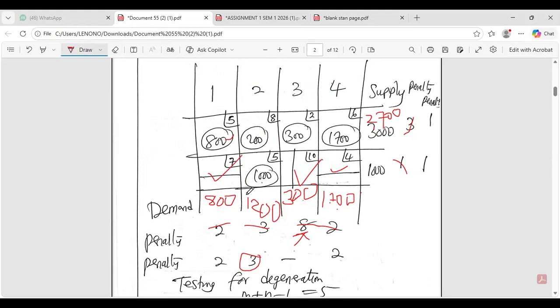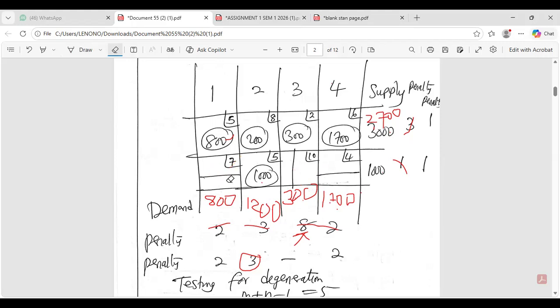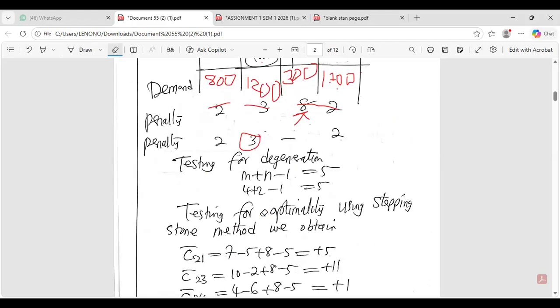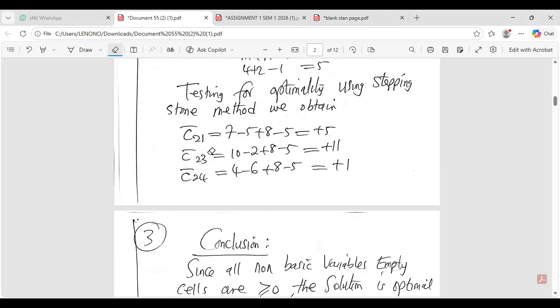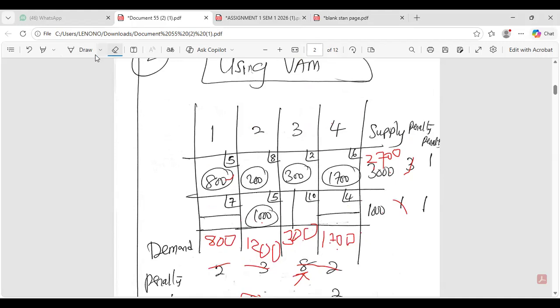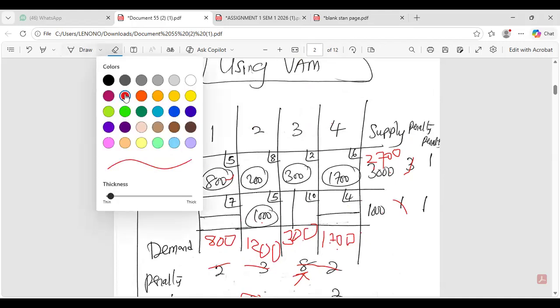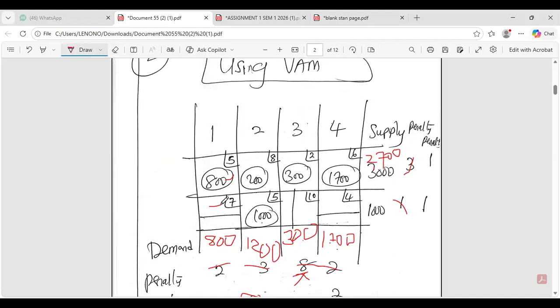So we are just now sorting out. So we need to find the C bar 21. C bar 21 is this one here. C bar 23 and C bar 24.